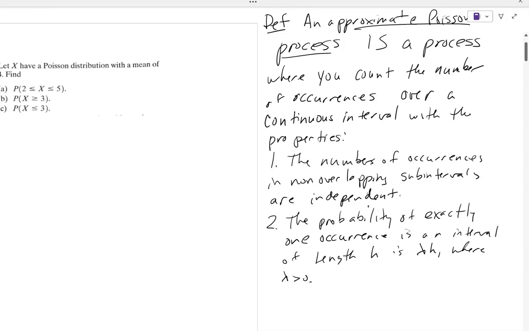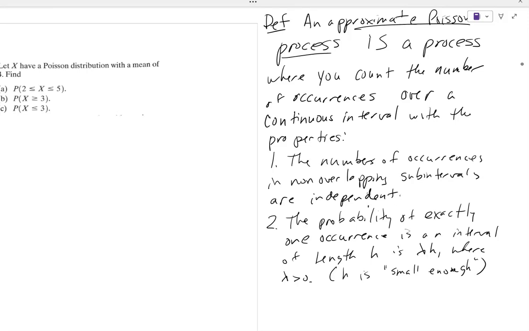I forgot a word in there, a word before interval. Let me tell you what I mean by small enough here.